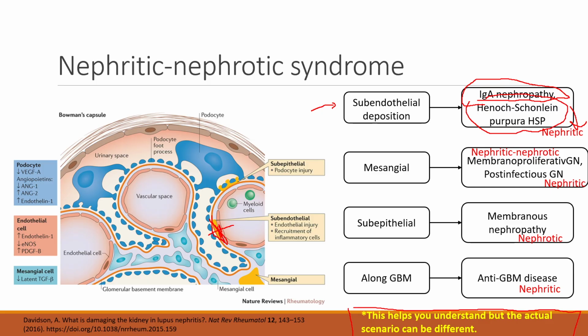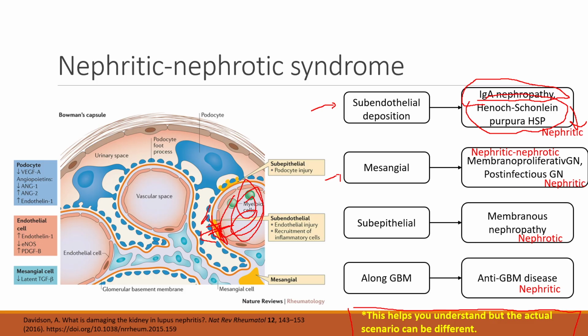Let's imagine there's a hole here. So the blood can go into the filtrate, right? So now you can see blood in the urine. So now you understand how come this disease is nephritic, right? And it's very clear.